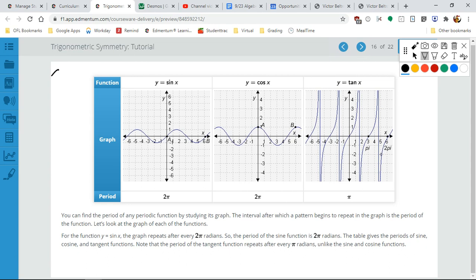They change for tangent, since tangent is basically y divided by x. Here, x is 1, so we have 0 over 1, right? But over here, we have 1 over 0, so it's undefined. So that's why at pi over 2, we get an asymptote.